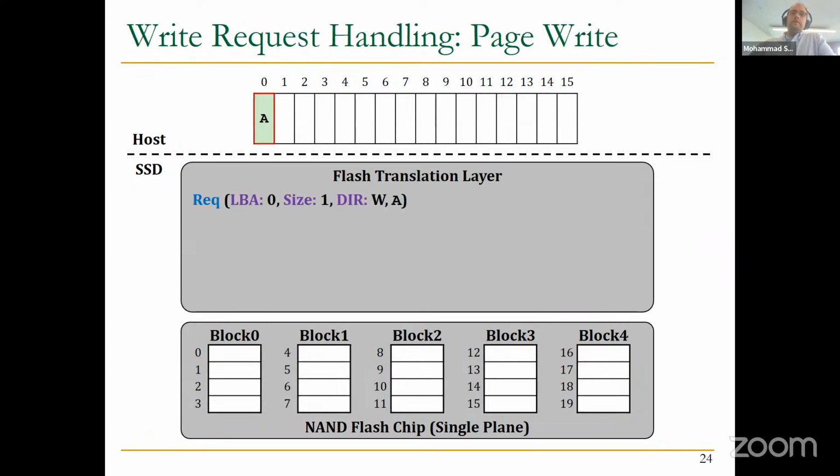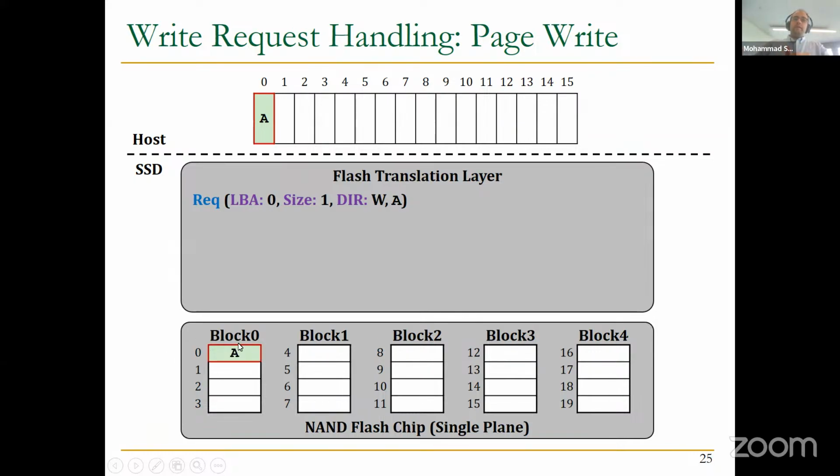Imagine that we receive a request to write data, which we call A here, to logical block address A. The size is 1 because we want to write only one block, and the direction is also write. Inside the SSD, imagine that the initial state is that all pages are free.